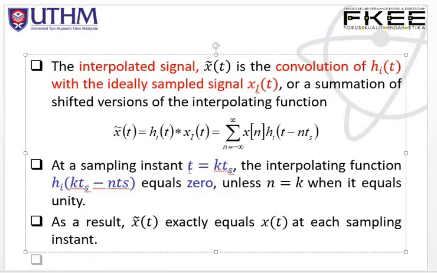At the sampling instant t equal to kTs, the interpolating function equals 0 unless n equals k, when it is equal to unity. As a result, the interpolated signal exactly equals x(t) at each sampling instant. This may be hard to understand, but later I will give you an example.